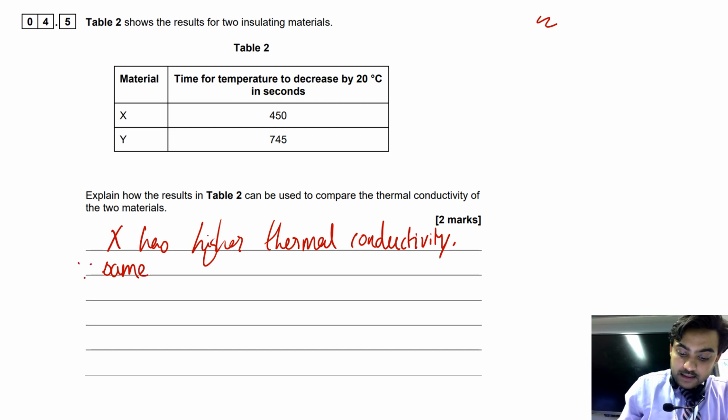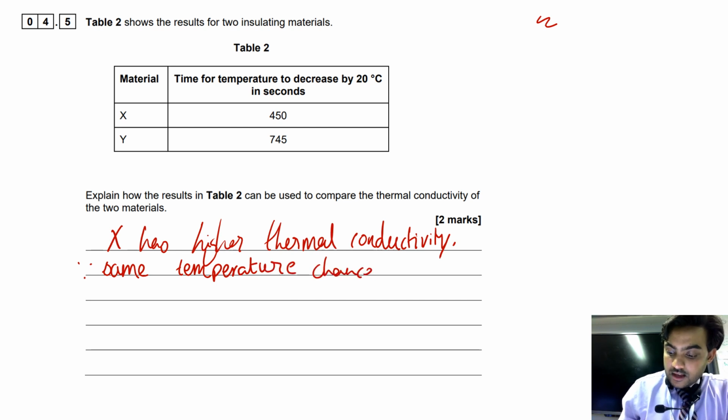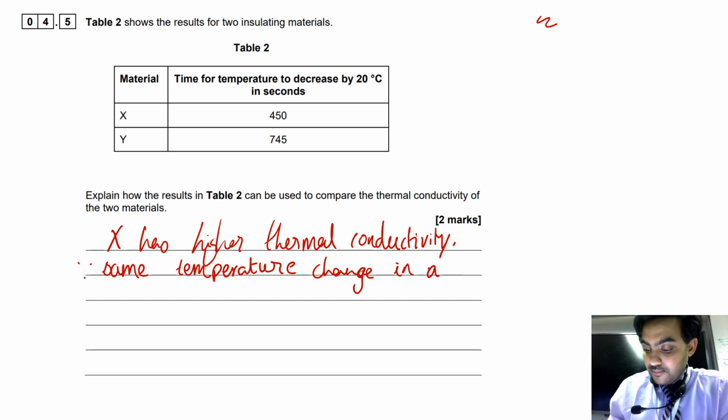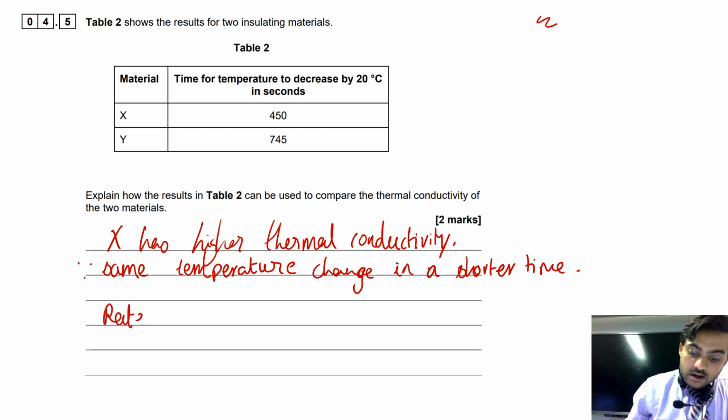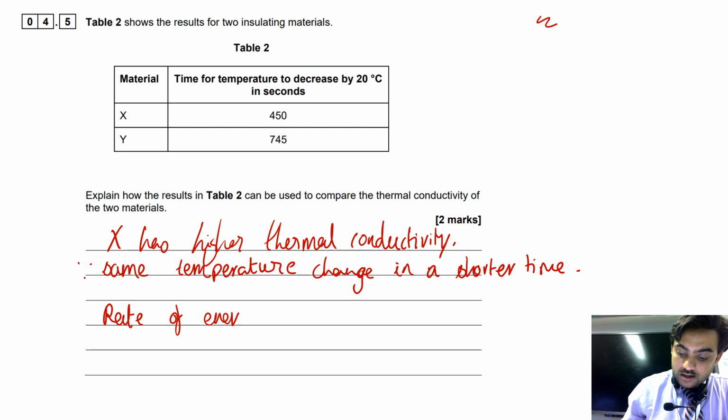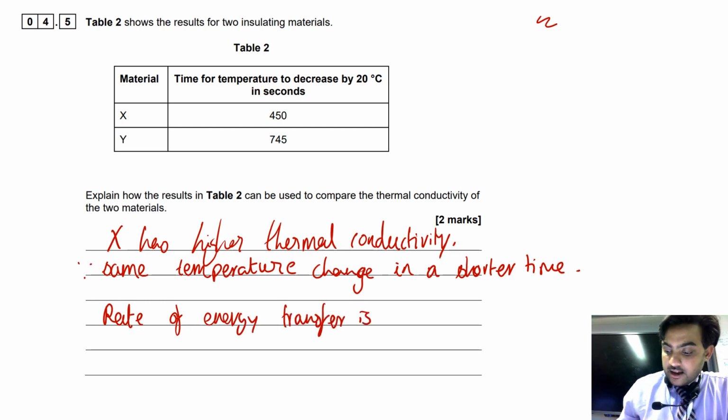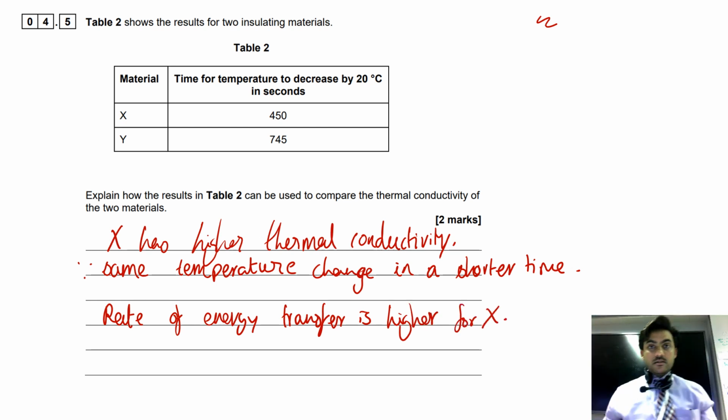Because same temperature change in a shorter time. What does that mean? Rate of energy transfer is higher for X. That's what it means. Alright, energy transferred over time, rate of energy transfer.